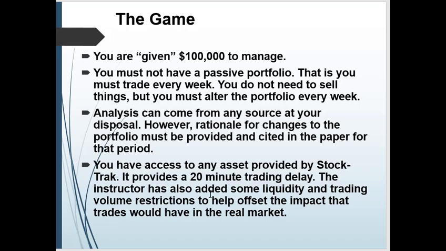I believe it's set so that stock prices can't be less than, I want to say, $2. The instructor has also added some things that reflect changes in liquidity. So if you went out and bought, let's say, a company that had 1,000 shares, and you said, I want to buy 900 shares, well, that obviously would affect the value of the company.